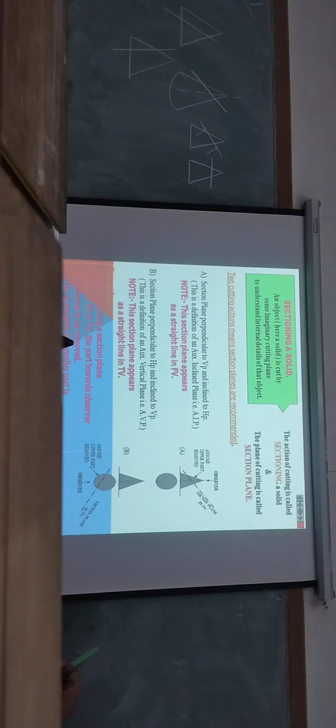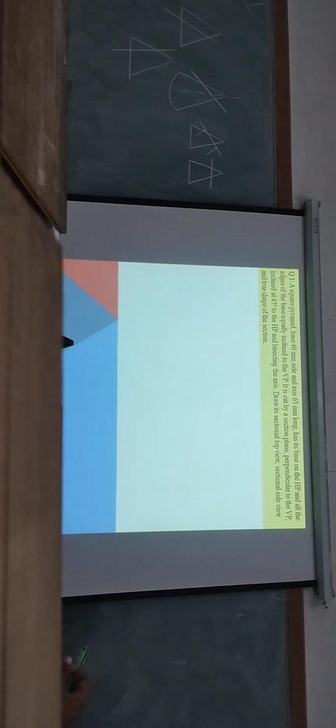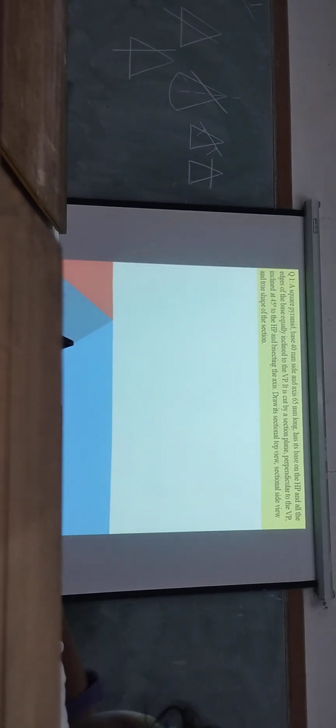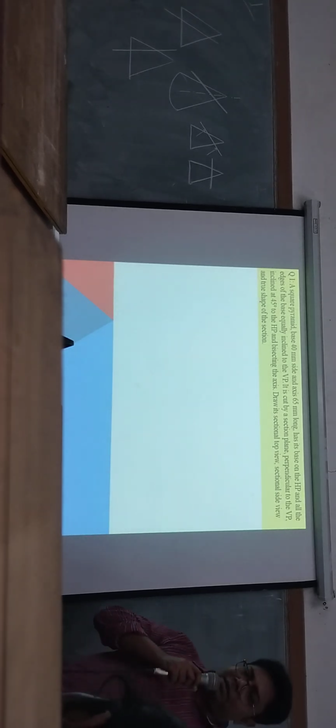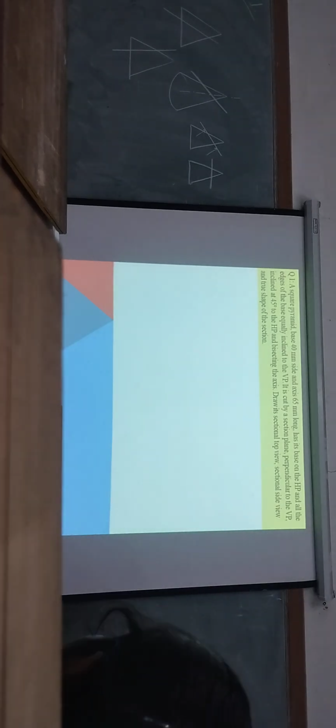Now I am going directly to the problem. Methodology. So this is the first problem: a square pyramid. I don't have a square pyramid as of now, but try to visualize a square pyramid. It has its base on HP.